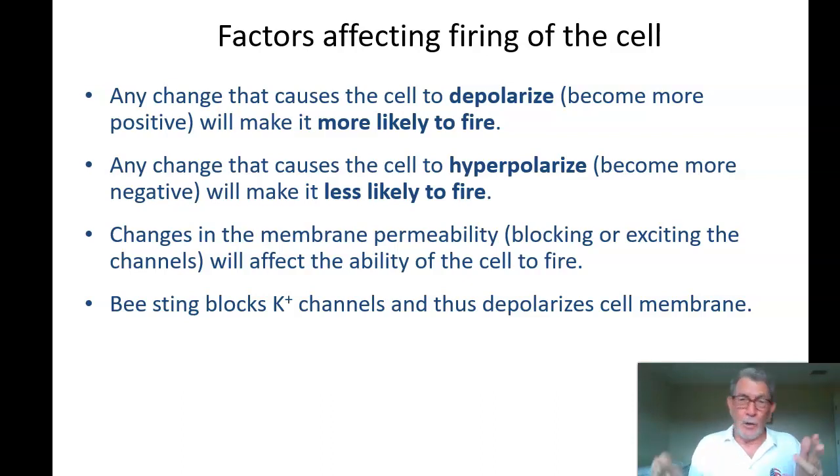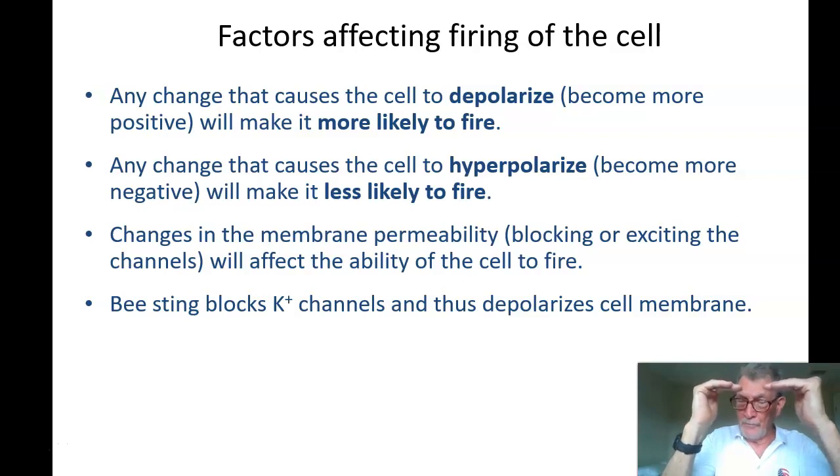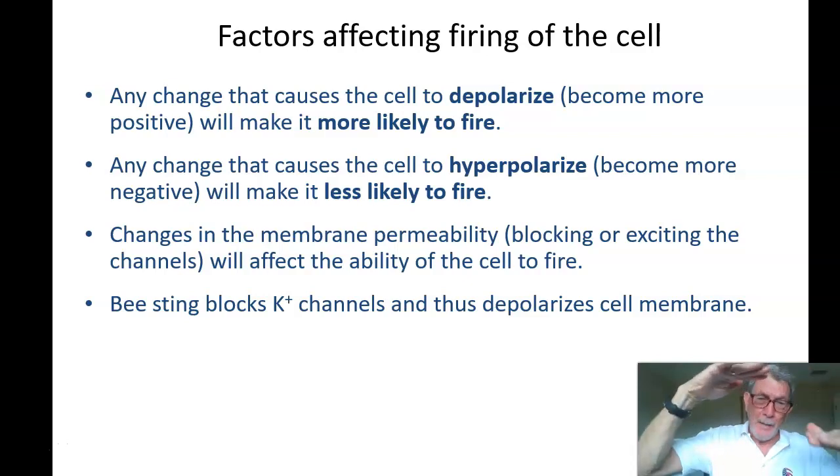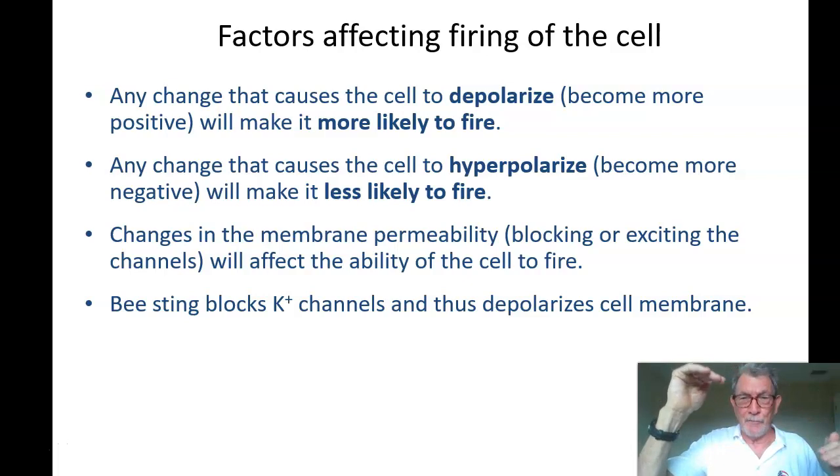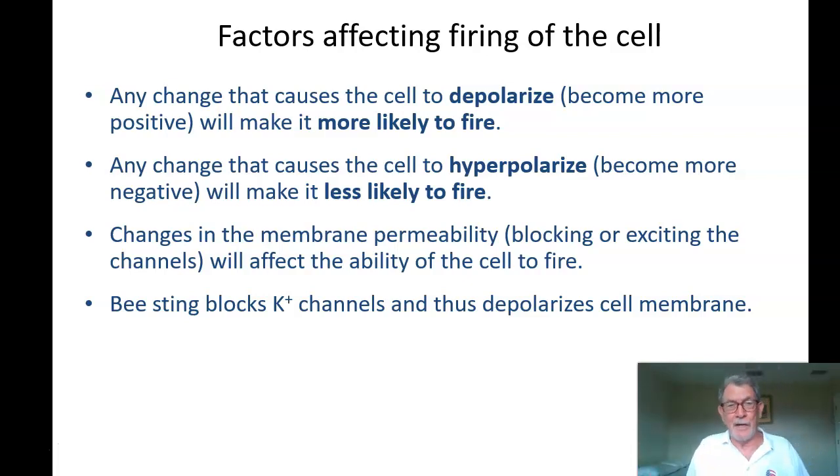In our brain and various places, we have all kinds of inhibitors that hyperpolarize those cells and make them more difficult to fire, so you don't have seizures. You're not having them fire all the time. So anything that will depolarize the membrane, make it more positive, makes it more likely to fire. Anything that hyperpolarizes the membrane, makes it farther down, means it's going to be less likely to fire, and that cell is inhibited.